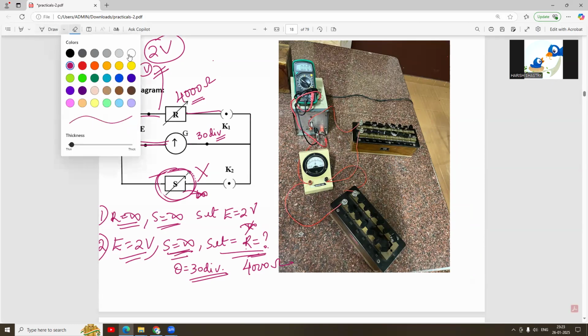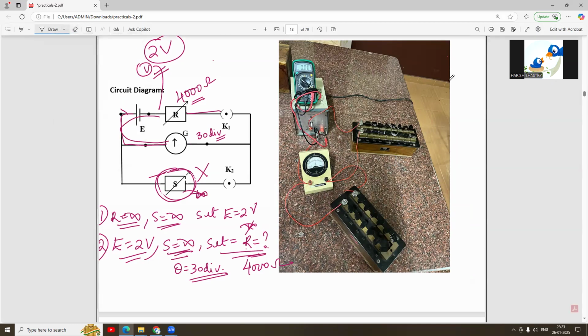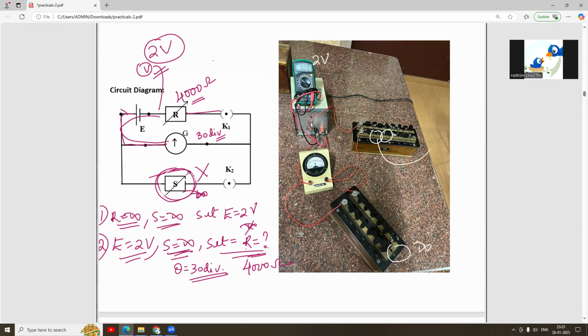After setting E to 2 volt, this infinity is kept as it is. But here I have removed some 4,000 ohm and plugged this key. Infinity is plugged and I have removed 4,000 ohm, say 4,500 or 4,200, say 4,200 ohm. I have got a deflection in the galvanometer of 30. This shows 30 deflection, say 30 divisions. That much is over. Now what is the third step?